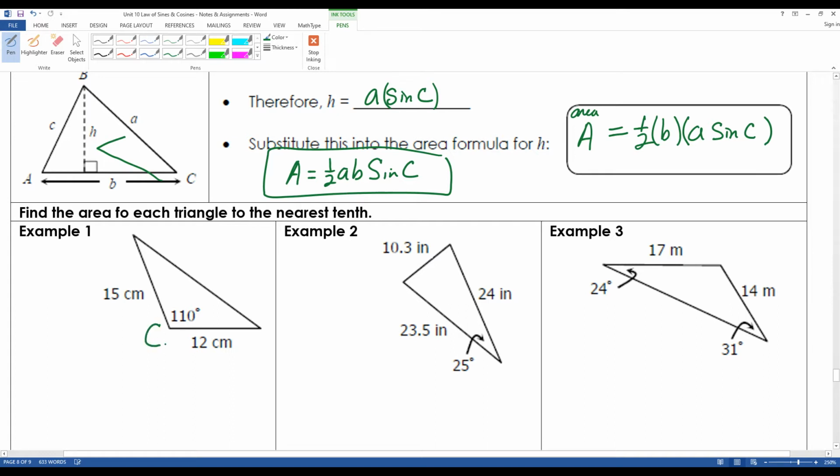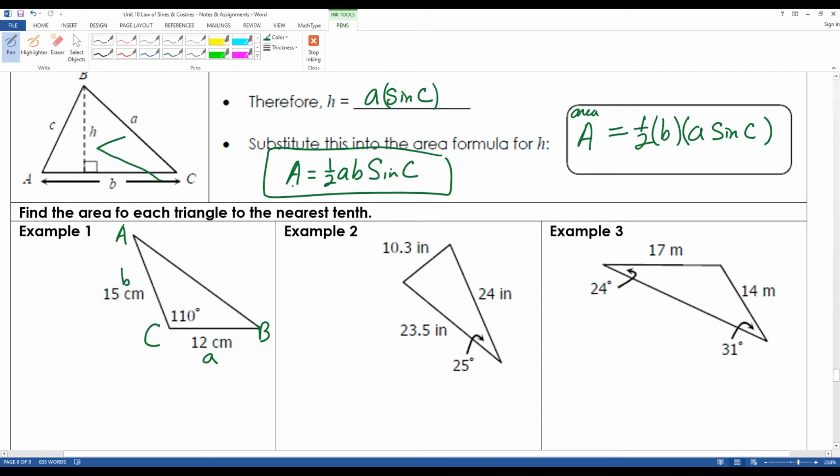So if I label that one C because that's the angle, then the other two are just A and B. So this is side B, and this is side A. If you want to use that regular formula with sine of C, just make sure whatever angle you have, these are the other two sides.